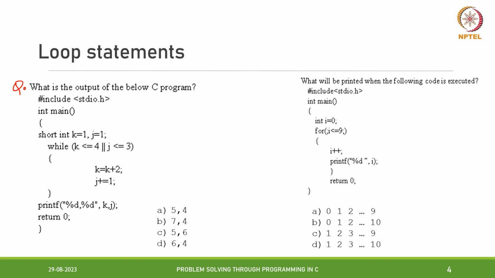Okay, so you are setting two variables k and j. We are initializing them to 1, and we have a while condition with k, and we are using a logical OR operation here with some conditional for k and conditional for j, and inside the while loop we are doing some kind of operations, and after the while loop we are printing the value of k and j.